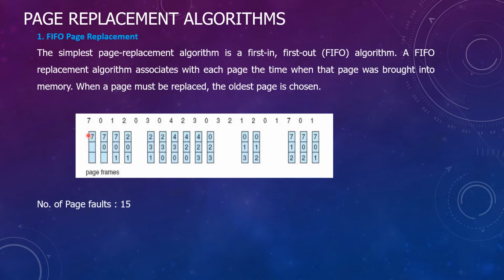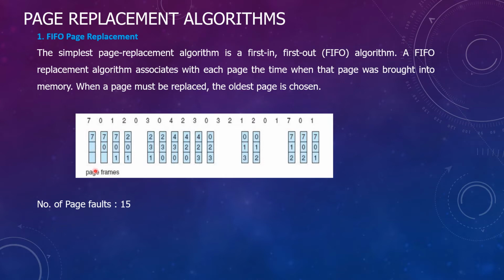Initially all 3 frames are empty, so in the main memory there is no page loaded. We want to load page number 7. So a page fault happens, and it finds the page available in the backing store and brings the page into the main memory.